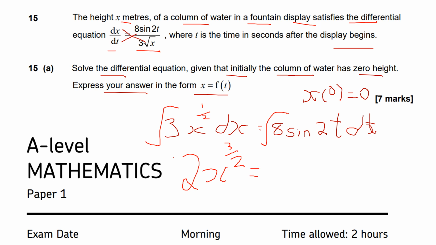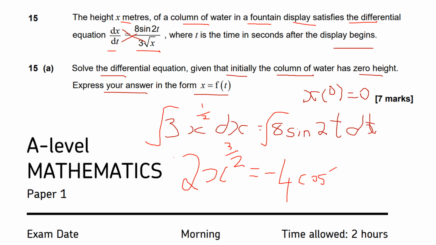I'm then integrating this. Sine goes to minus cos, and here I'm going to be careful. I'm going to differentiate what's inside here and then divide by it. So I'm going to have minus 4 cos 2t.